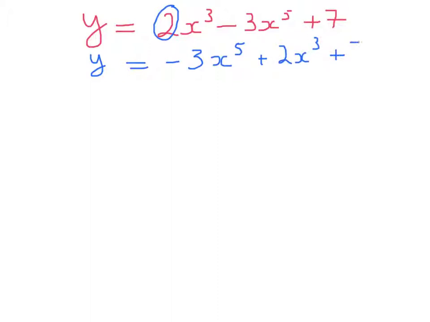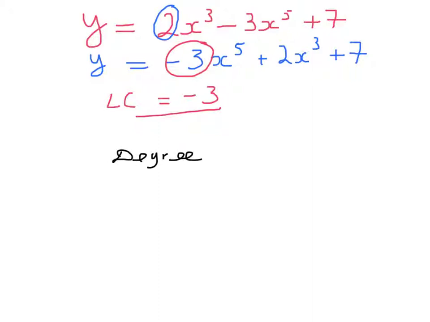And now we can see that the leading coefficient is in fact negative 3. If you got that, well done. And we can also see that the degree of this function is the highest power of x, which is 5. This is a 5th degree, sometimes called quintic function. If you got that, well done.